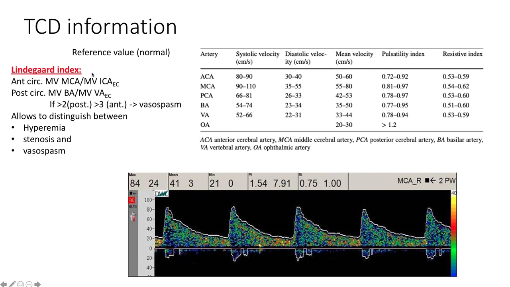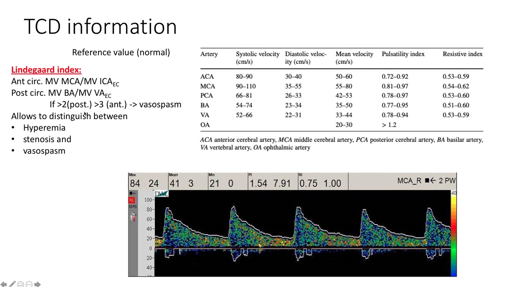What really helps are those Lindegaard indexes, where you look at the ratio from certain regions. For the anterior circulation, you take the mean velocity of the MCA and divide it by the mean velocity through the extracranial internal carotid artery. For the posterior circulation, you do similarly with the basilar artery: you take the mean velocity of the basilar artery and divide it by the mean velocity of the vertebral artery, also the extracranial portion.